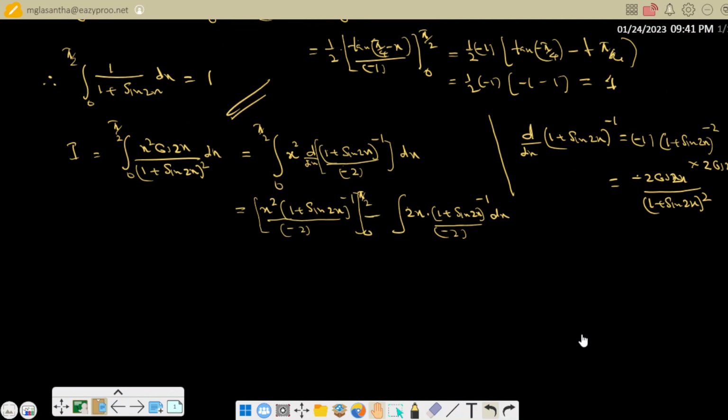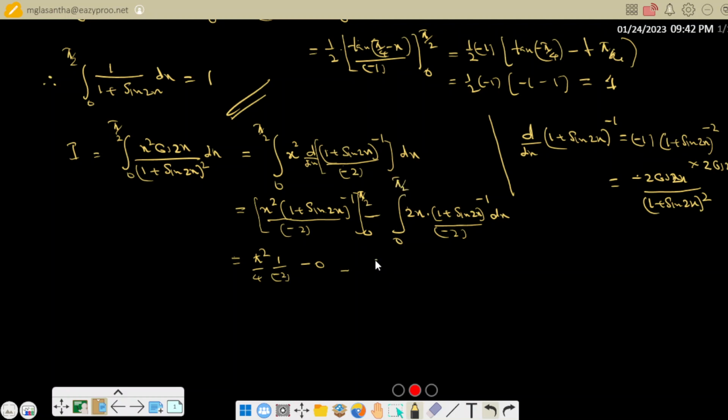If you apply limits for this one, this is pi squared over 4 into, substituting pi by 2, 1, minus, if we apply 0 for this, 0.